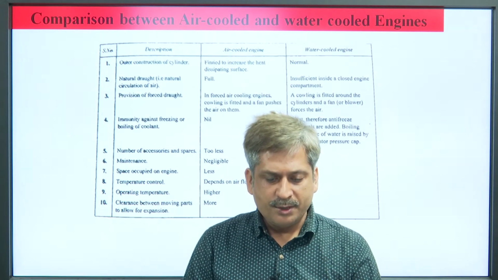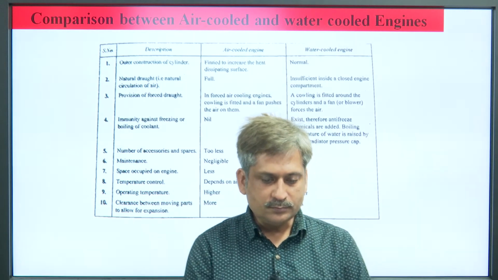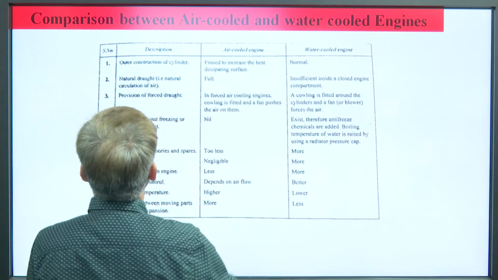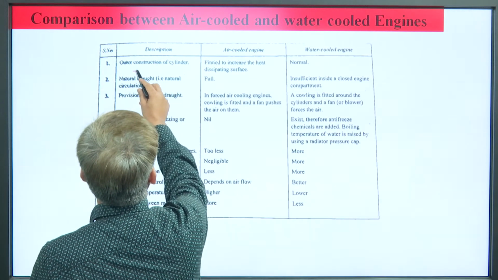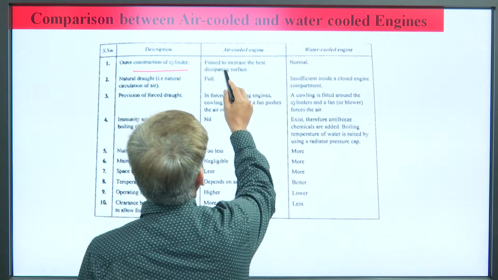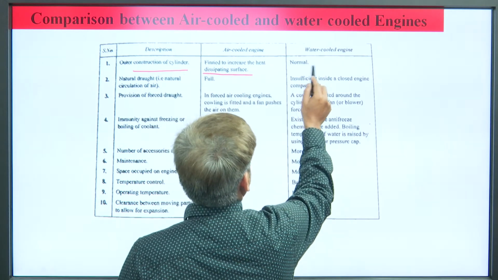Now, the comparison between air cooled and water cooled engines. One by one we will discuss it. The first basis is the outer construction of the cylinder. Air cooled is finned to increase the heat dissipating surface, and for water cooling it is normal.